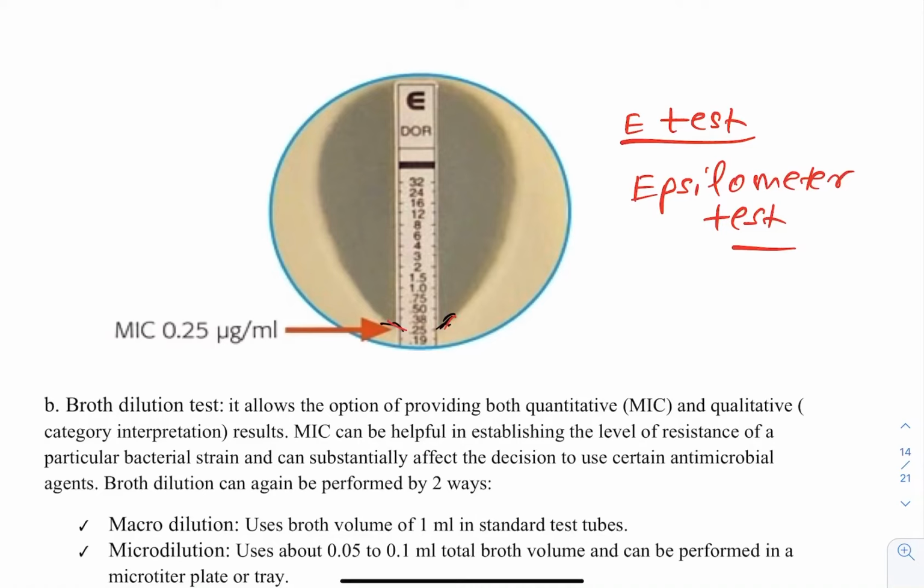As you can see, this zone is converging on which number? 0.25. So what is the MIC of it? 0.25 microgram per ml. That is calculated by this method, termed the epsilometer test. One is the broth dilution method, by which you can calculate the MIC.